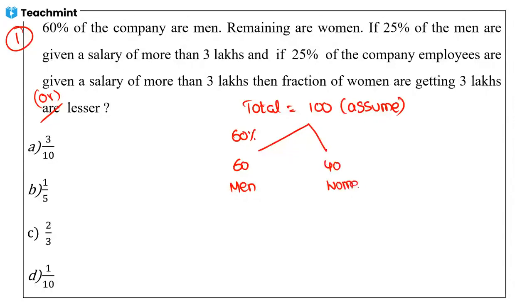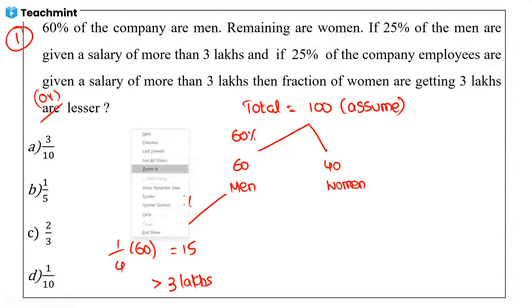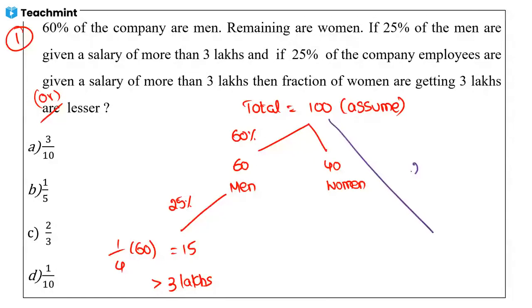Right. Then 25% of the men, among men 60, 25% means 1 by 4. So 1 by 4 of 60 is nothing but 15. These 15 people are getting more than 3 lakhs, 15 men we can say. And if 25% of the company employees are getting a salary of more than 3 lakhs, among the company having 100 people, 25% means 25 people are getting more than 3 lakhs.